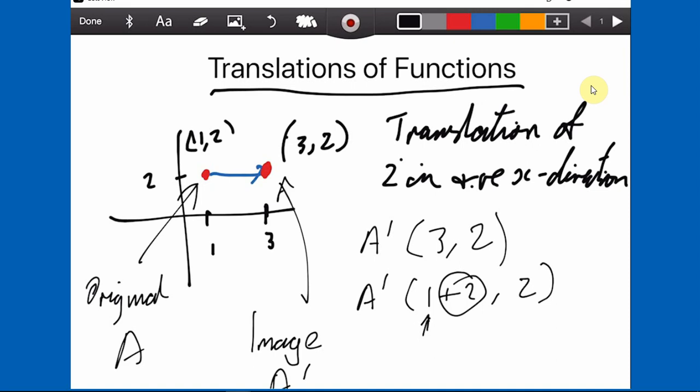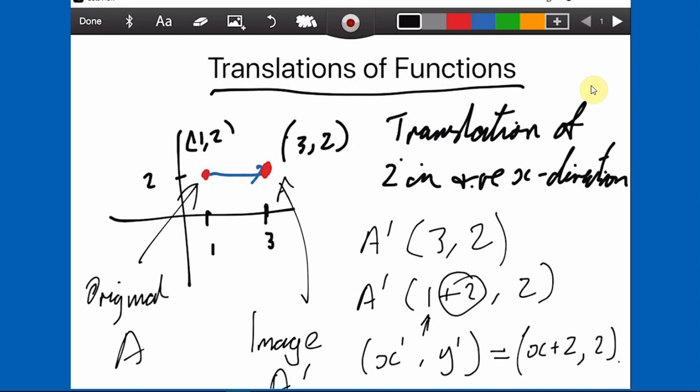All right, so the way we'd write this in terms of the dash is that our image, x dashed and y dashed, would be x plus 2 in this case, and 2.